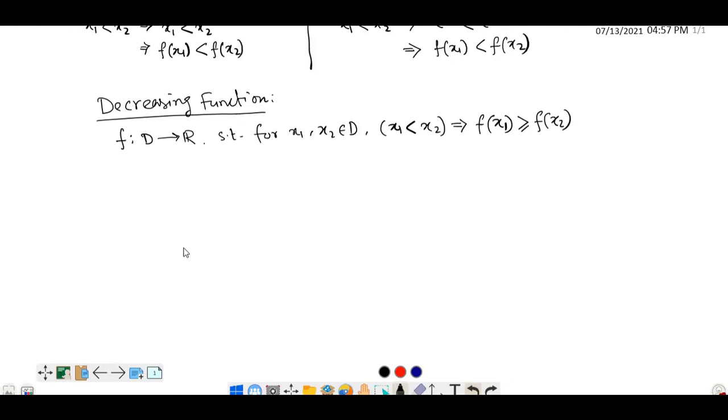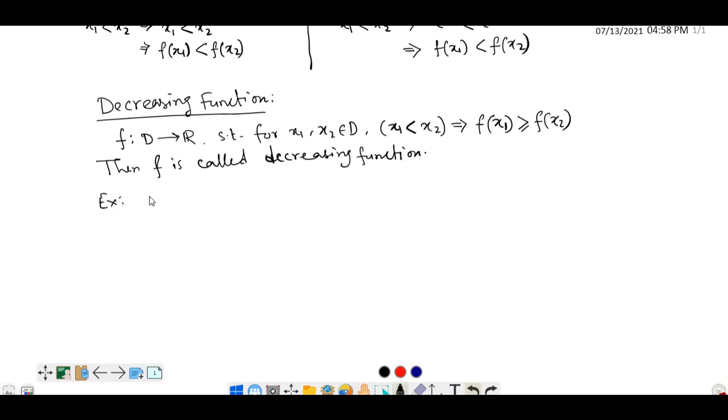So then this function f will be called a decreasing function. So if you see carefully what it is saying, for smaller inputs you will get larger output, and for larger inputs you will get smaller values. So let us see one example.